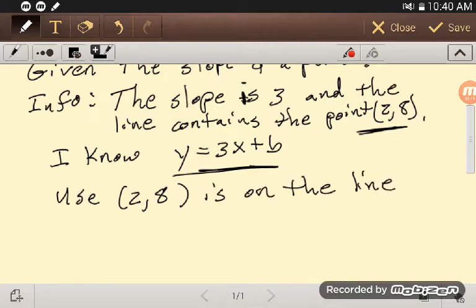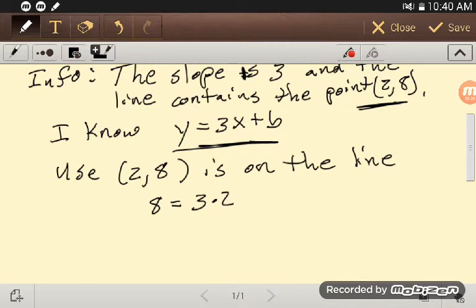So if I have 8 for y and 2 for x, when I add b, I should be able to get 3 times 2 plus b is equal to 8. It should work. And so, well, 8 is equal to 6 plus b.